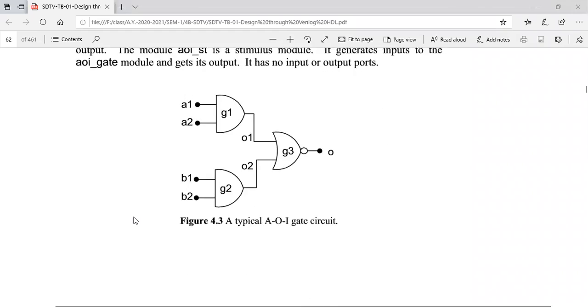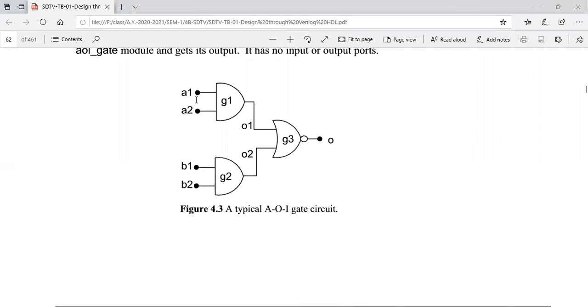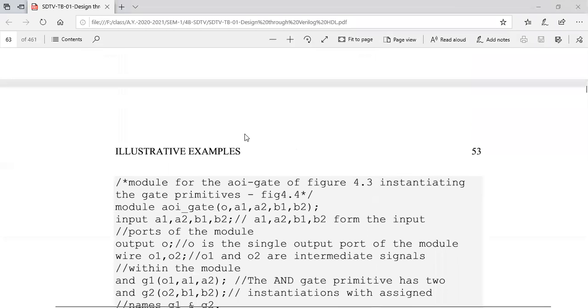If you see, we have A1, A2, B1, B2 as inputs, and the final output is O. What are these O1 and O2? These O1 and O2 are the intermediate signals. Let us see the program in detail, then you can understand how to write a program easily, right?